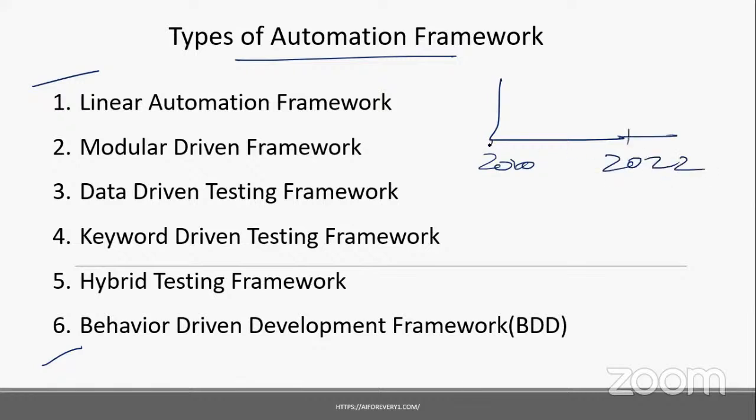You must know this, because sometimes you will say you have 6 or 7 years of experience, but when they ask how it was initially, how it is now, whether there are any big changes, you should know how to handle that scenario. First, linear, modular, data driven, keyword driven, hybrid, BDD.